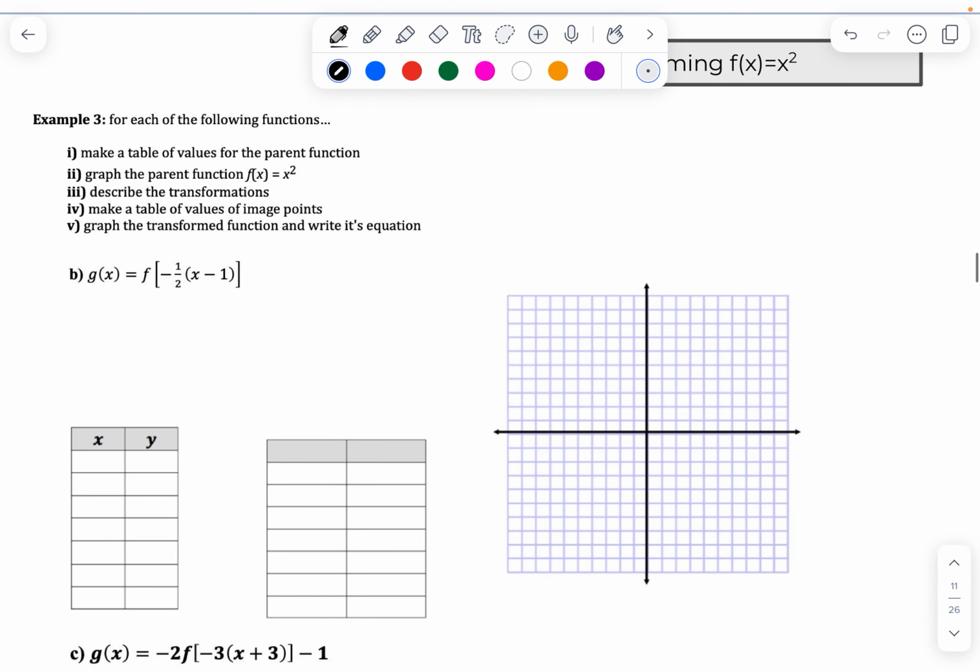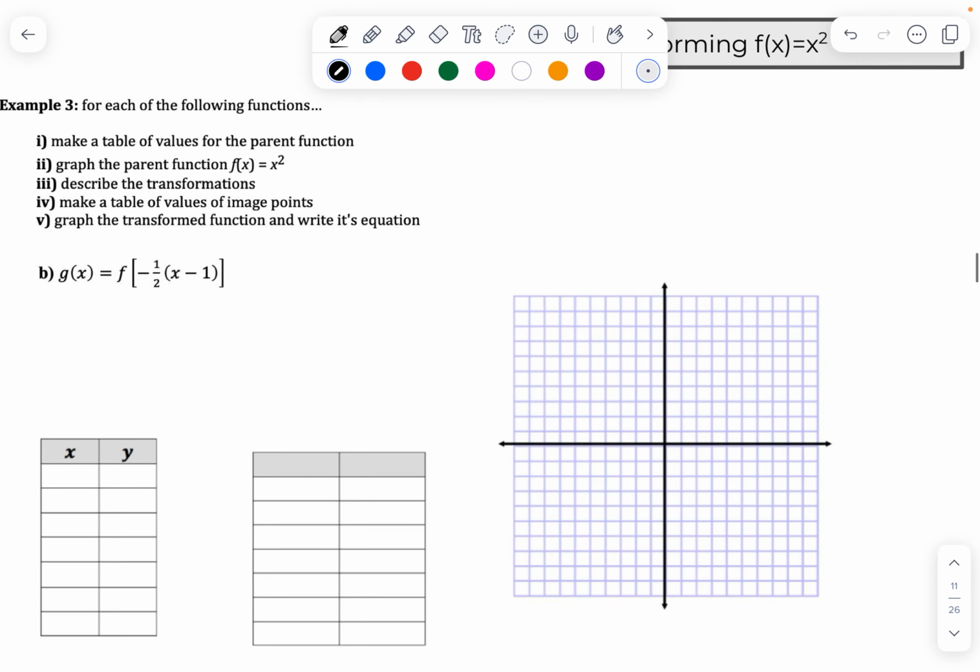So let's see this applied to a couple of graphs. We'll see what happens. So make a table of values of the parent function. Let's start with that. So 0, 0, 1, 1, 2, 4, 3, 9, and also negative 1, 1, negative 2, 4, and negative 3, 9. Graph the parent function.